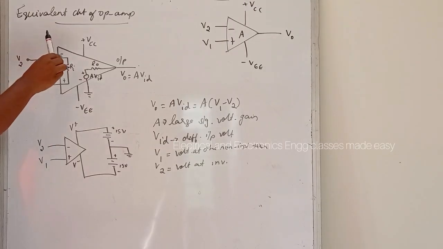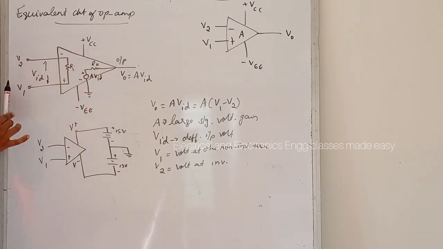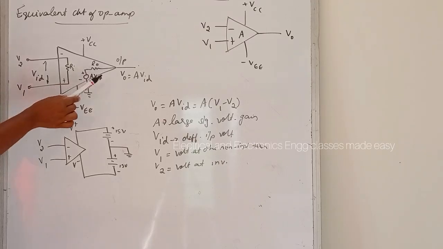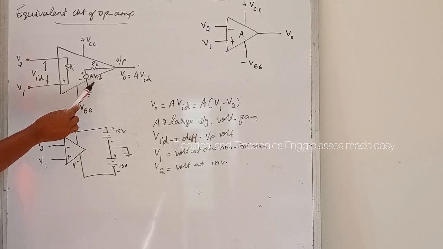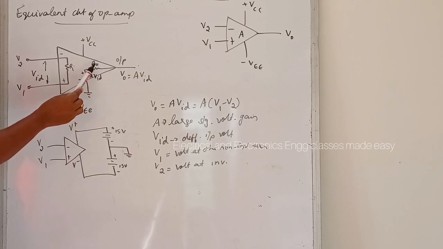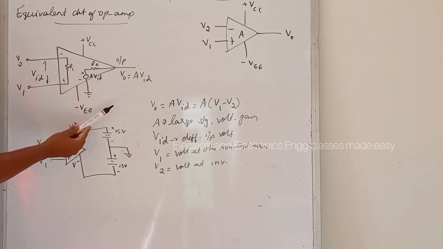Next is equivalent circuit of op-amp. So this is the equivalent circuit of an op-amp. This circuit includes the values of open loop gain A, input resistance Ri and output resistance Ro, and the voltage source A VID. That is the equivalent Thevenin voltage source, and Ro is the Thevenin equivalent resistance looking back into the output terminal of an op-amp.